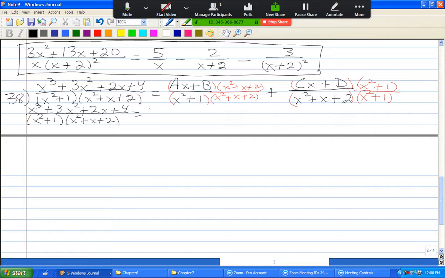So this is ax cubed plus ax squared plus 2ax plus bx squared plus bx plus 2b plus, let's write it all over the common denominator. Hopefully I can write it all down here.